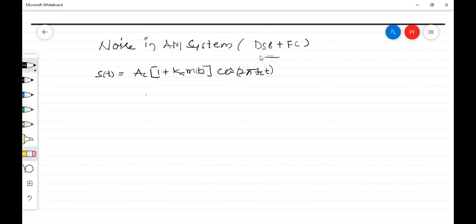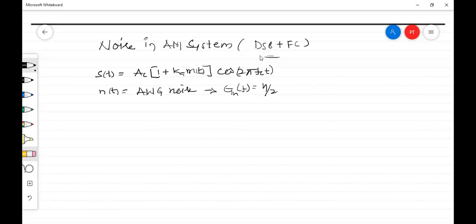The same signal is received at the front end of the receiver also, assuming the channel is a distortionless channel, except it is adding noise. Okay, so at the input, the same signal is received along with the noise, which is assumed to be AWGN noise. And we know AWGN means a noise whose power spectral density is white and equal to eta by 2.